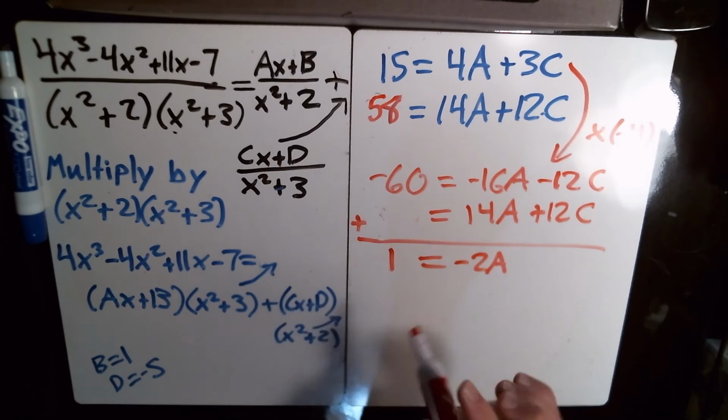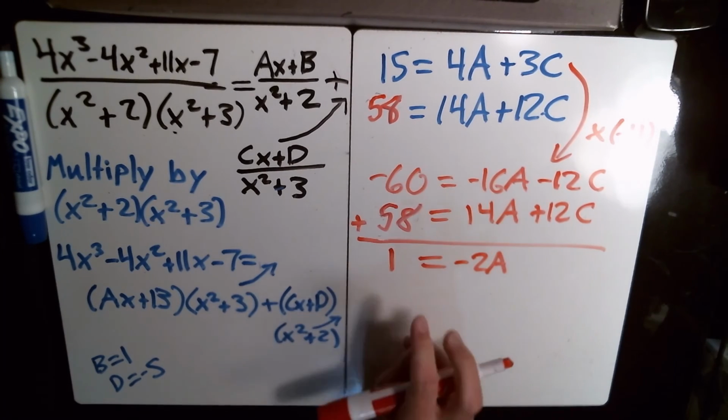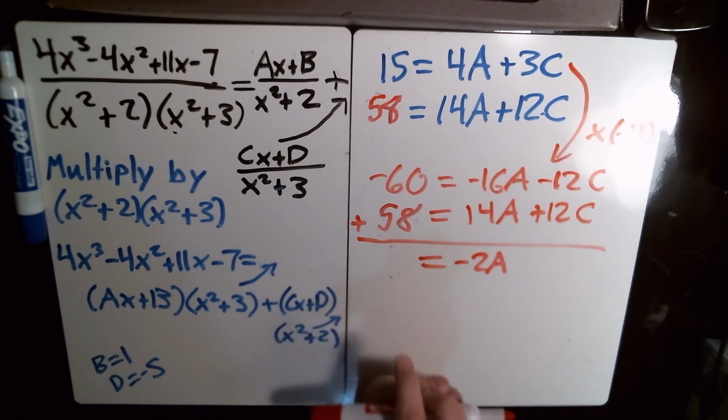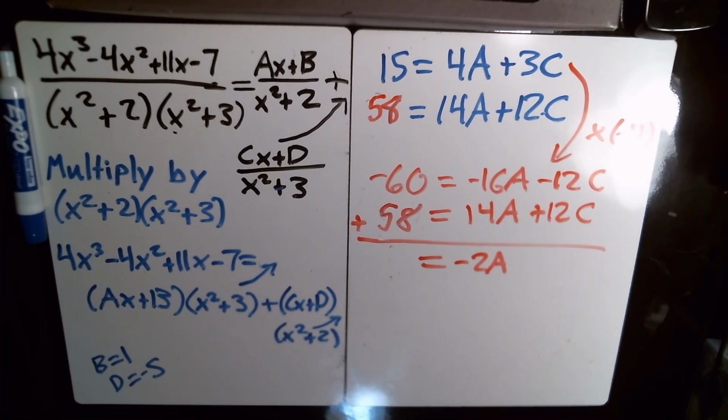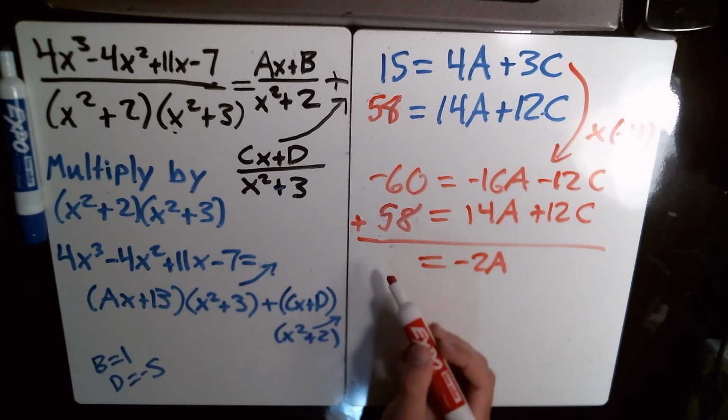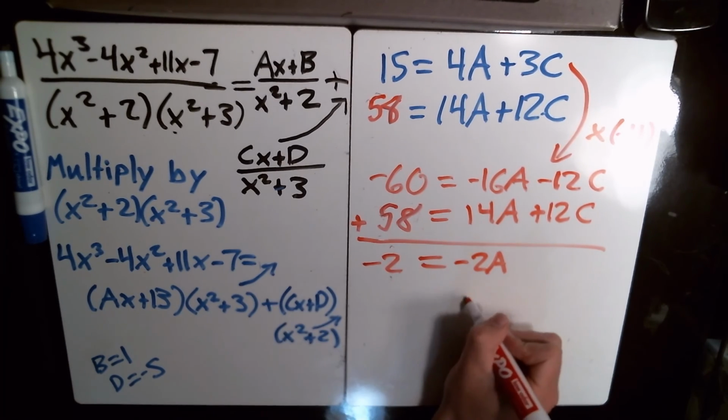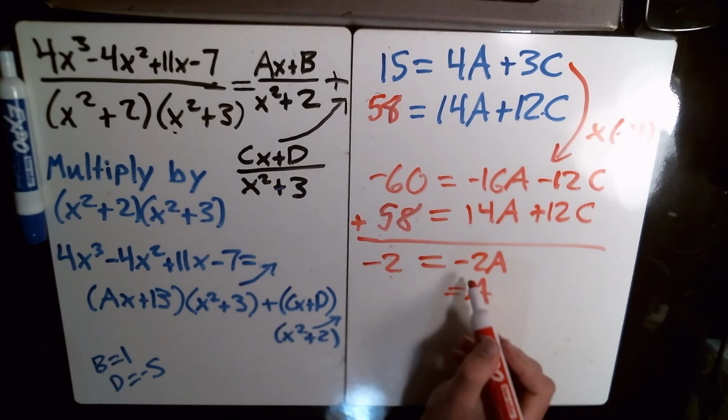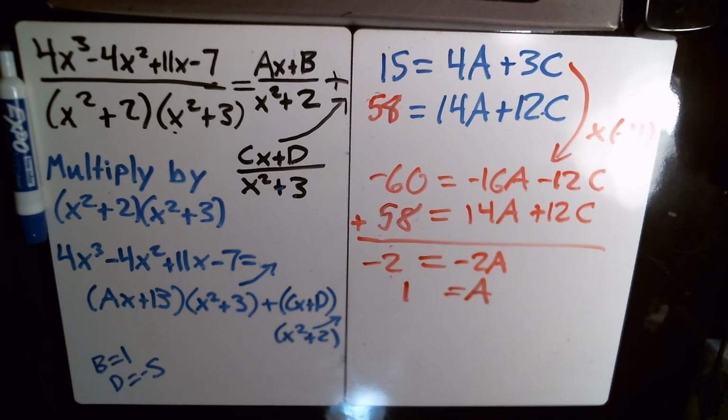Yeah, it should have been 58. Sorry about that. I made a mistake there. So 16 and then 20, so 38 minus 7 is 31, then, yeah, okay, so it's 58, so A is, divide by -2 is 1.